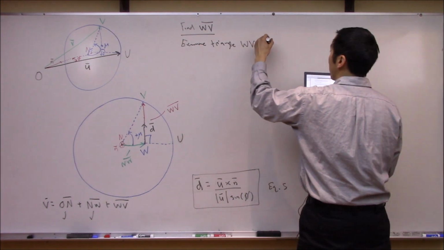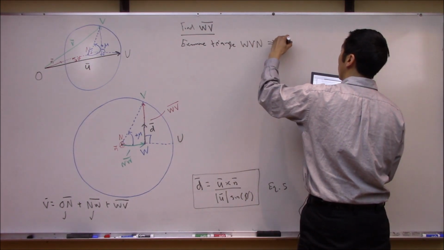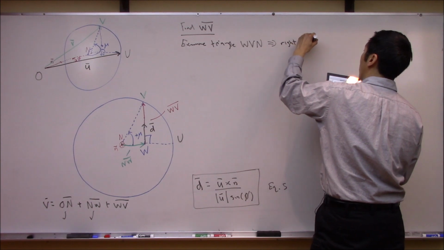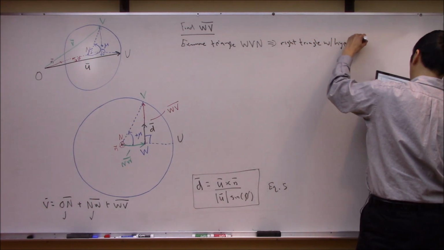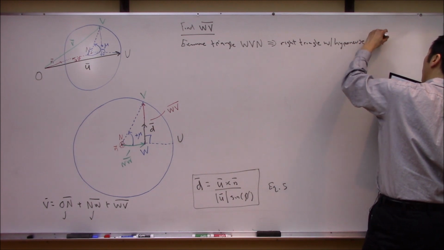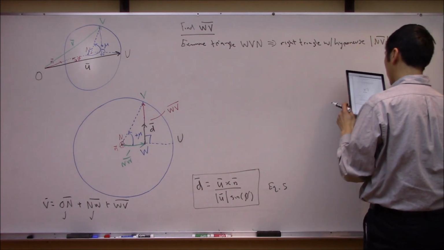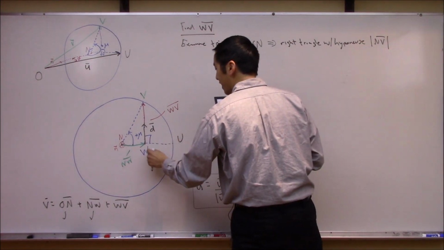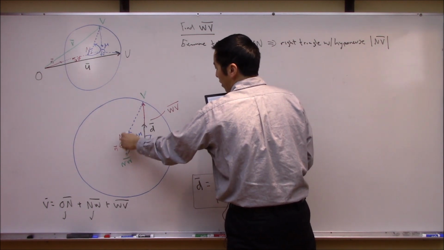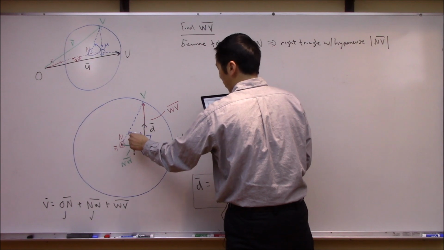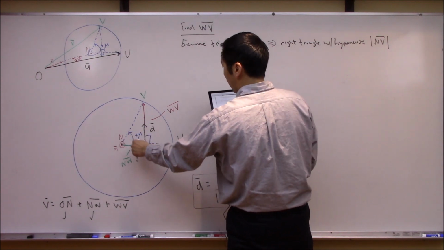So examine triangle WVN. We realize this is a right triangle with hypotenuse magnitude NV. So therefore this length here, shouldn't I just be able to get that as the hypotenuse times the sine of mu?